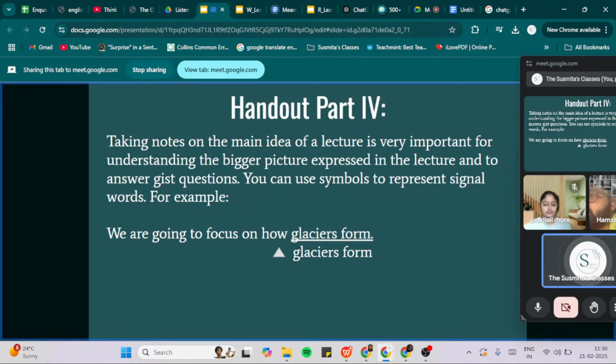Now you guys tell me, how do you usually take notes? Pranjali, first you tell me, as you have given the test twice. You should tell me how you take notes usually. Ma'am, I take a lot of notes, but also focus on the main idea and the reasons that they provide.